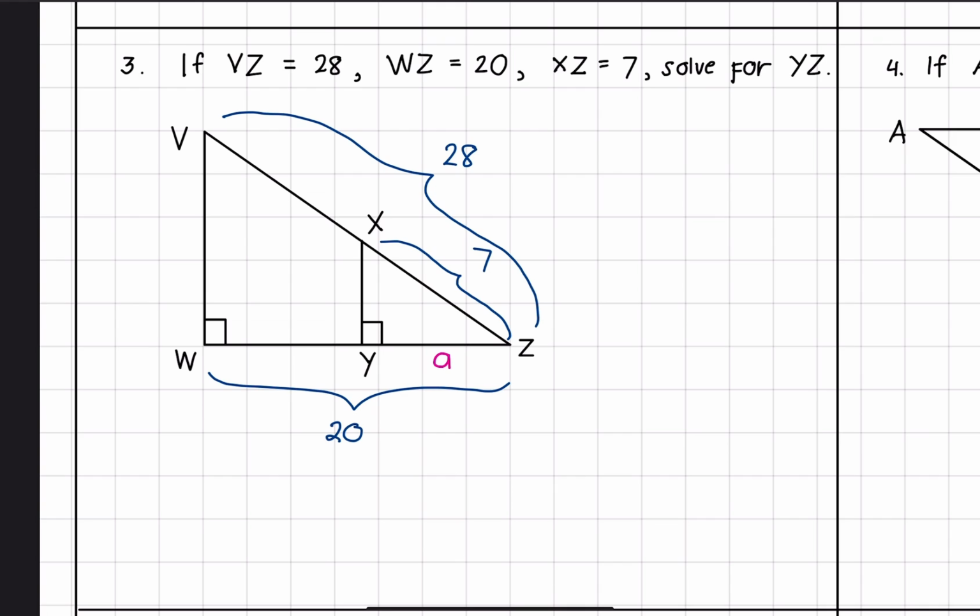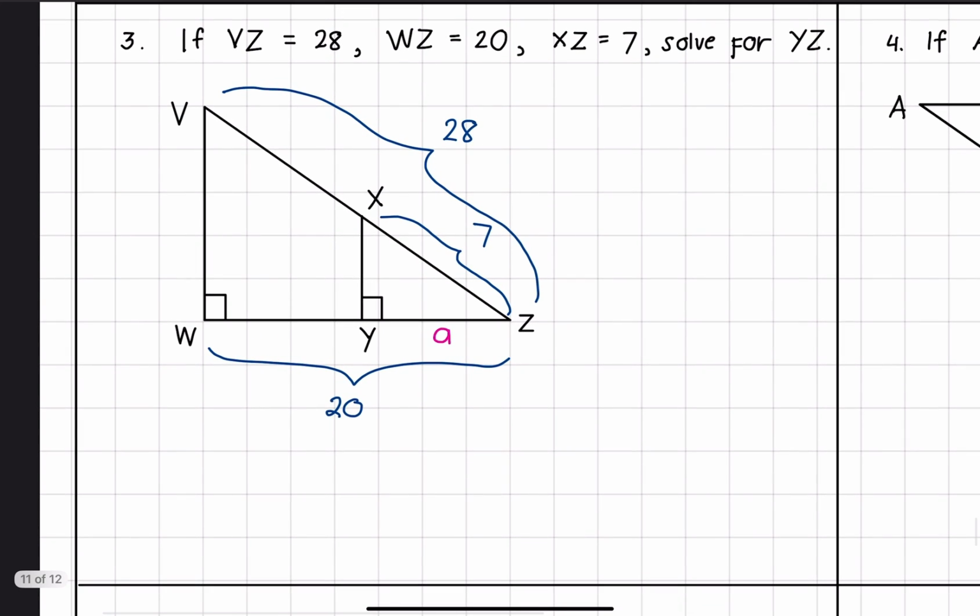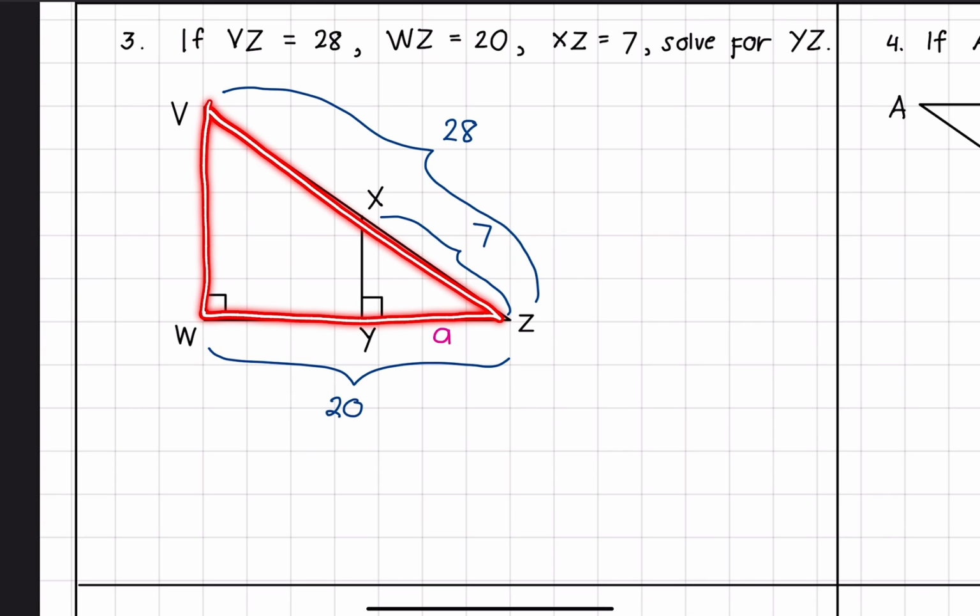So like what we did earlier, we're going to separate the triangles. So I can say that the biggest triangle is triangle VWZ. So I can draw it here.